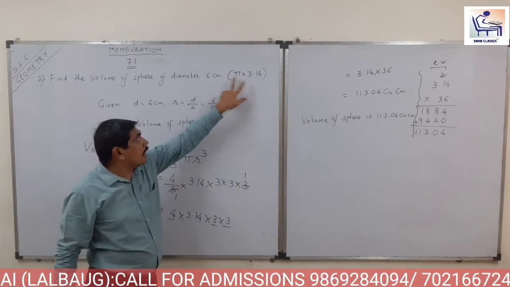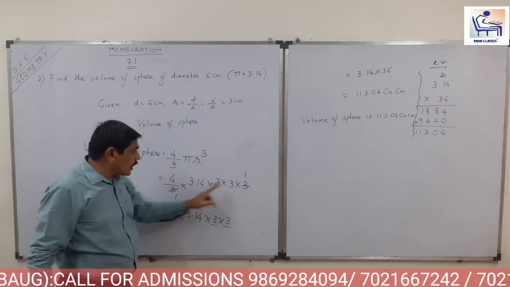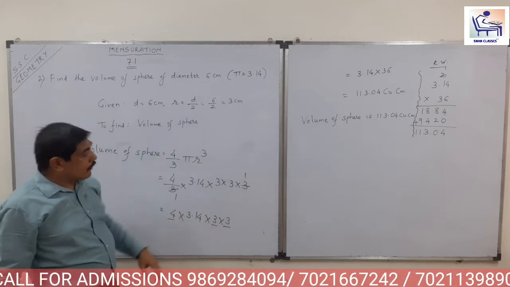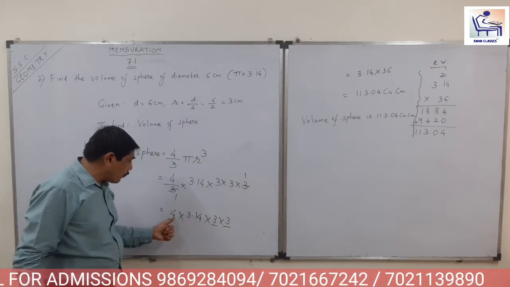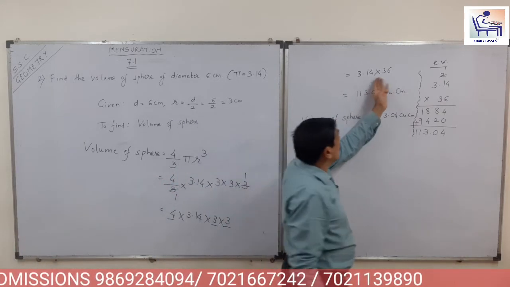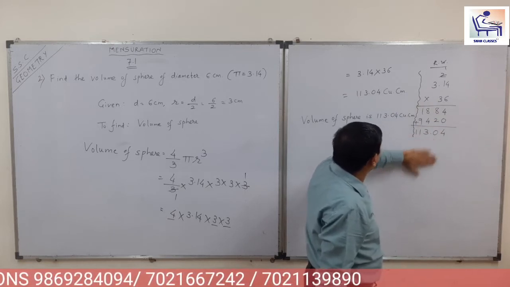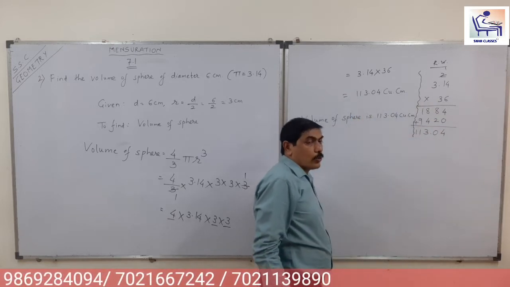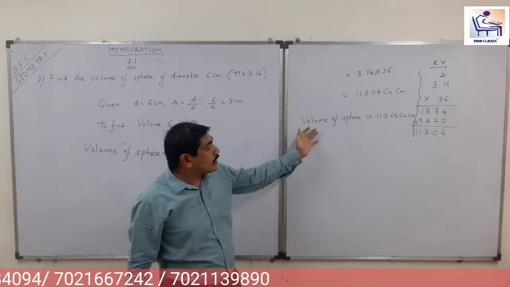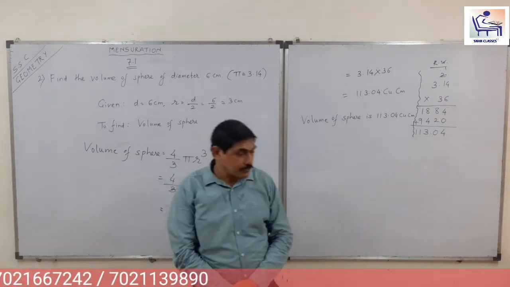Then 3 into 3 into 3. Do the cancellation and multiply the rest of the numbers, and you will get the final answer. So 3.14 into 4 3s are 12, 12 3s are 36. When you multiply 3.14 into 36, you will get 113.04 cubic centimeter. So your final answer is volume of a sphere is 113.04 cubic centimeter.